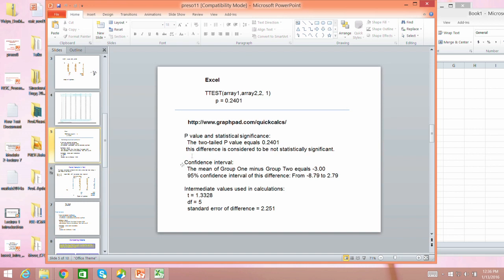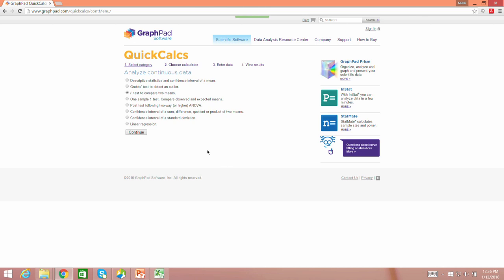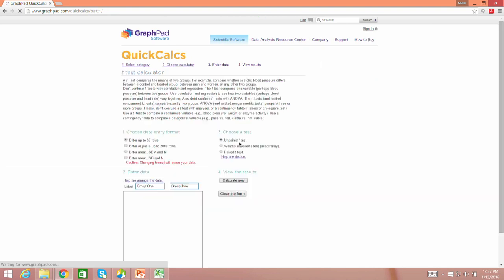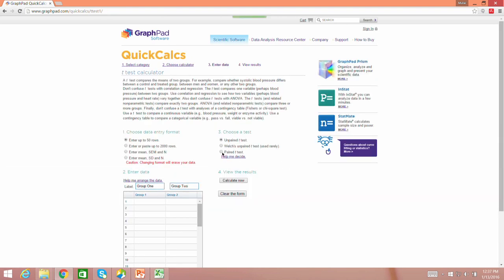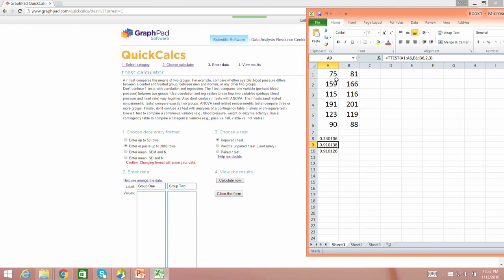We can do it by the GraphPad software also. So, GraphPad software does a continuous distribution. So we have a paired t test concept here, enter the data here, so we will go to the data set, we will copy one data set at a time.